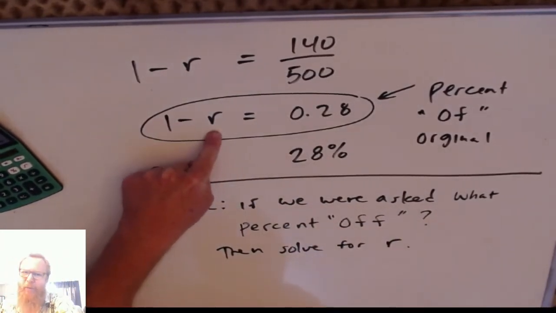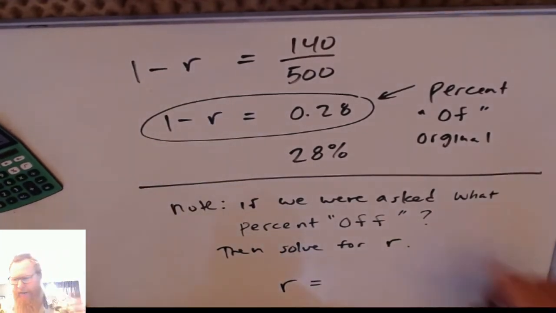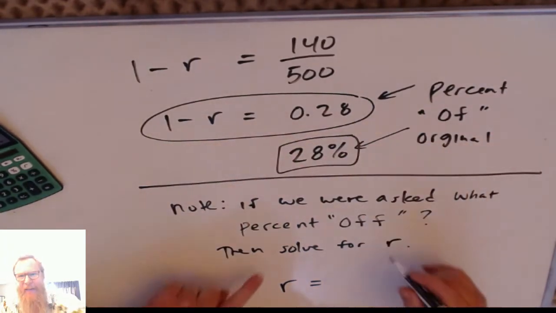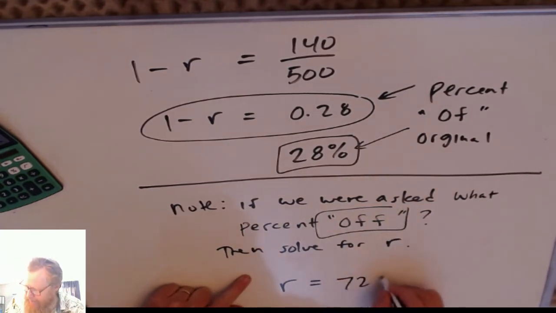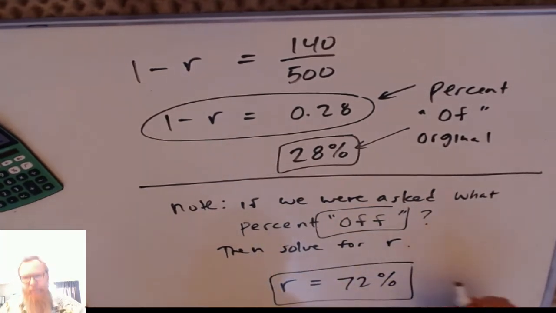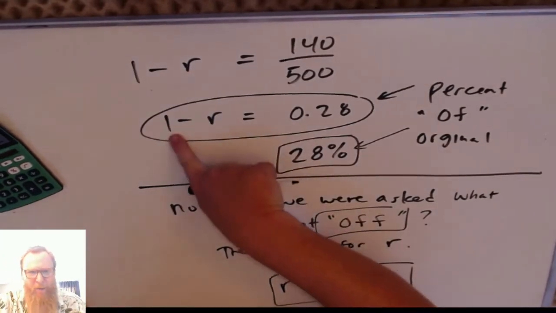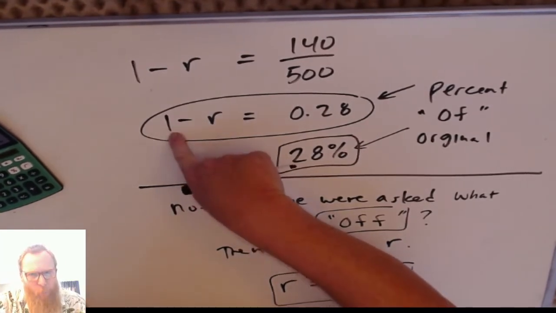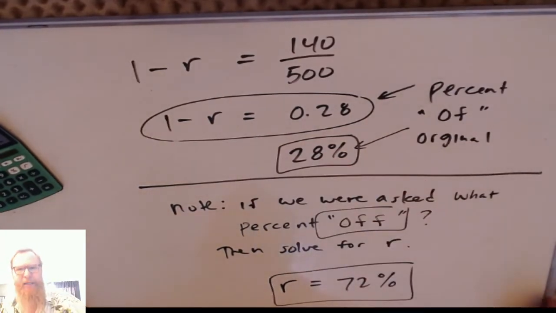You can do this with mental math, by the way. From what I just talked about, if the percent of is 28, then that means the percent off is 72. Remember, 1 means 100%.